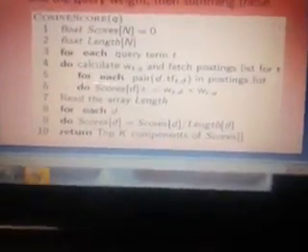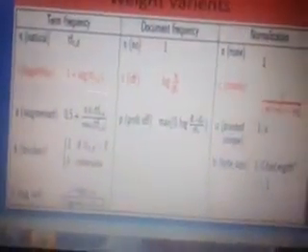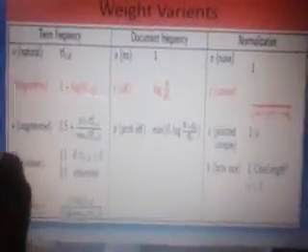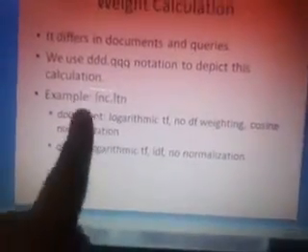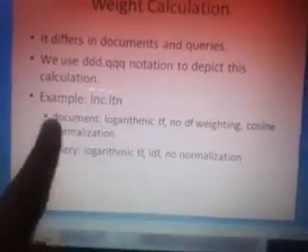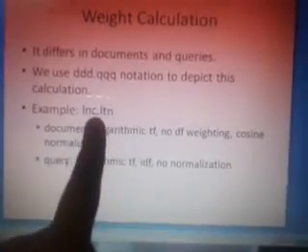Now for calculating this score, we have various weight variants, as you can see. For example, natural, N means TF. Take an example to understand this: if we use LNC and LTN, this portion goes for the document and this portion goes for the query.